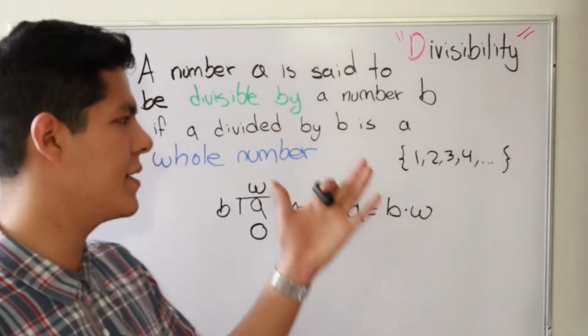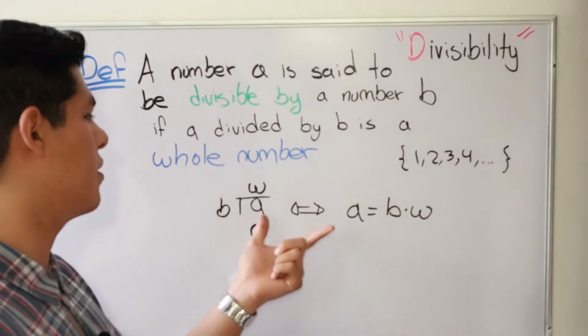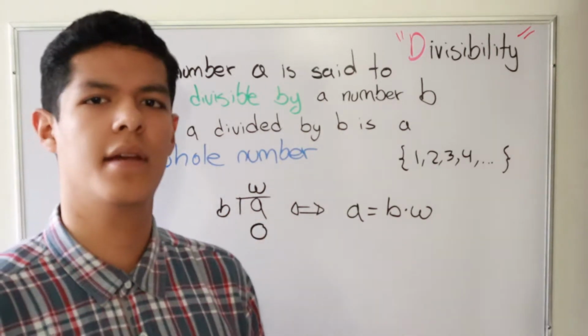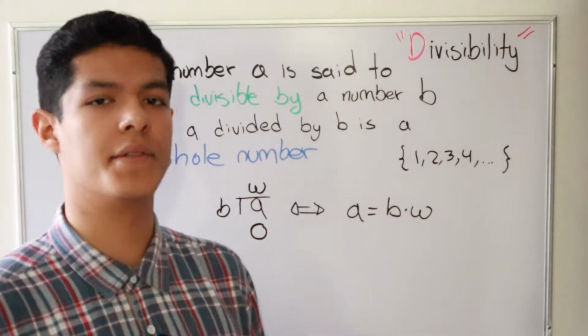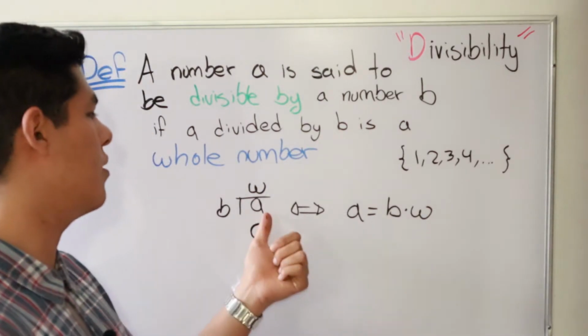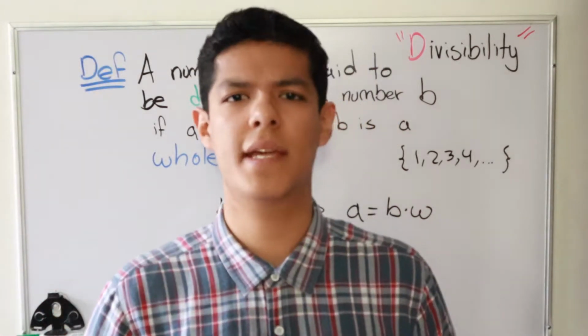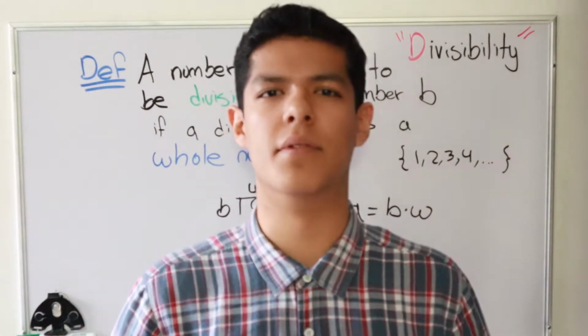This definition is expressed in terms of variables: instead of using specific numbers, we use variables like A, B, and W. So we're going to see the divisibility rules.